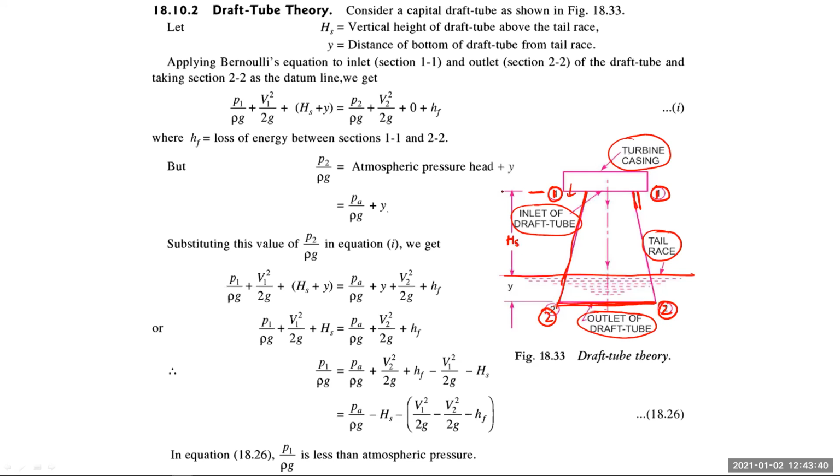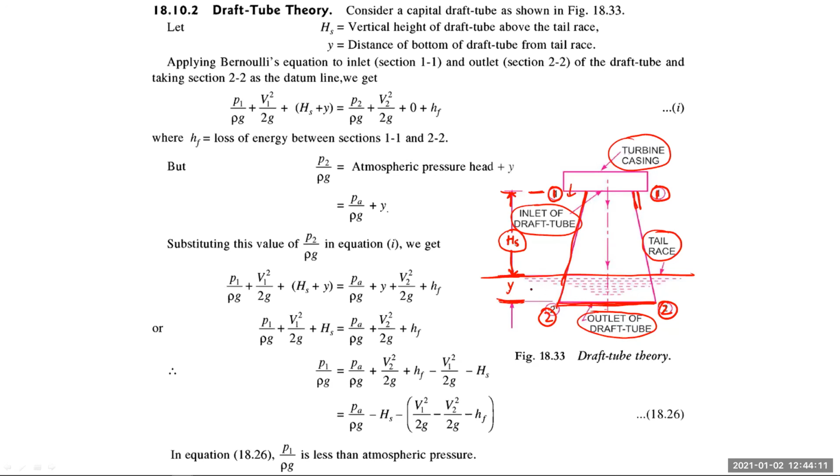Hs is the vertical height of the draft tube above the tail race, and Y is the distance of the draft tube from the tail race. This is the distance from the tail race to the bottom of your draft tube.